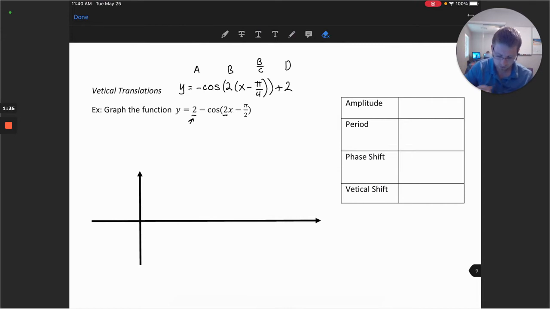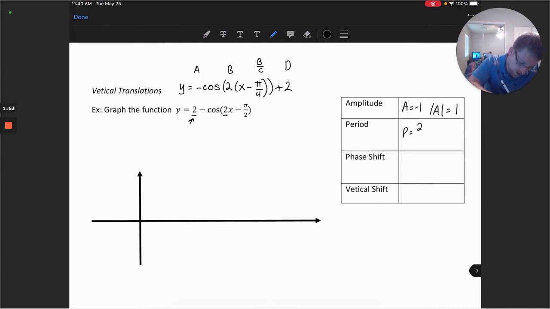So let's consider each one. Our a value here first is -1, so therefore our amplitude, the absolute value of a, is equal to 1. The period is based on our b value, so the period p we can say is 2 pi over, my b value here is 2, so that'll be a period of pi units.